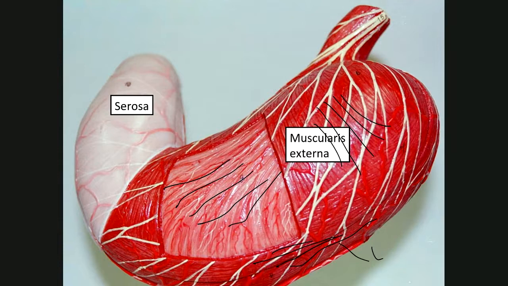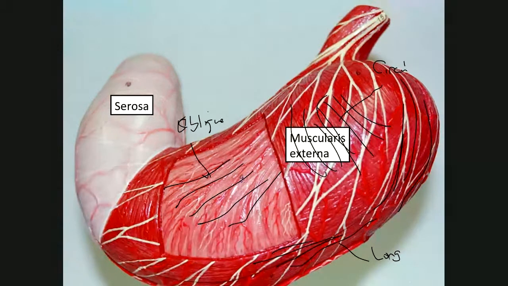There's our longitudinal layer, which runs up and down. But this is running around. That's the circular layer. And this is running oblique. That's our diagonal or oblique layer.